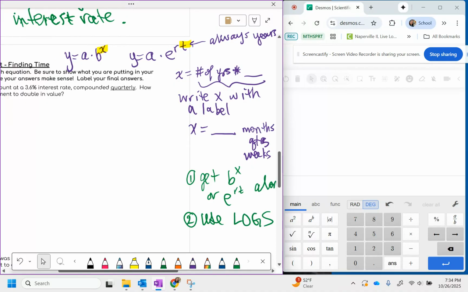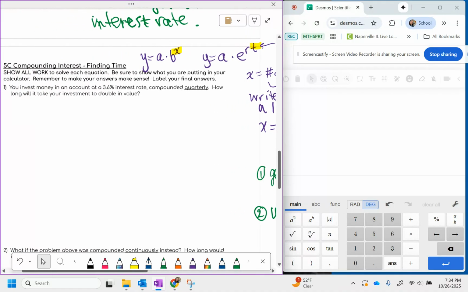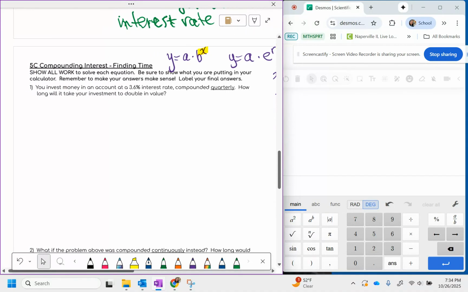Okay, so let's start with filling out what we know. So I know that since it's compounded quarterly, I'm going to use this formula. And so with the y equals a times b to the x, I know that my y is, well, if it doesn't give me a starting value or an ending value, I'm just saying 100 for the starting.